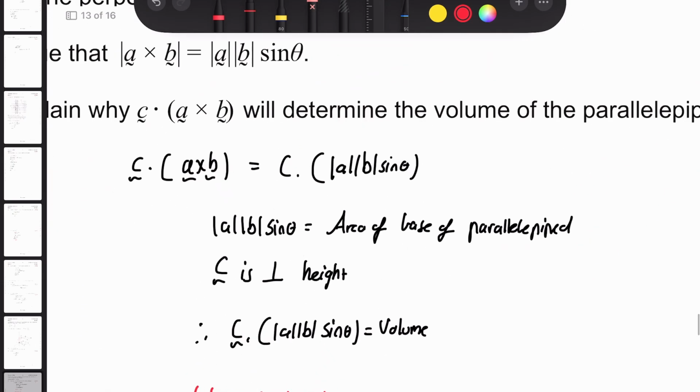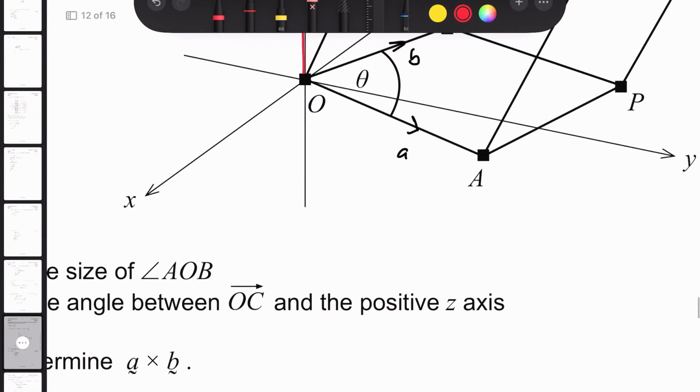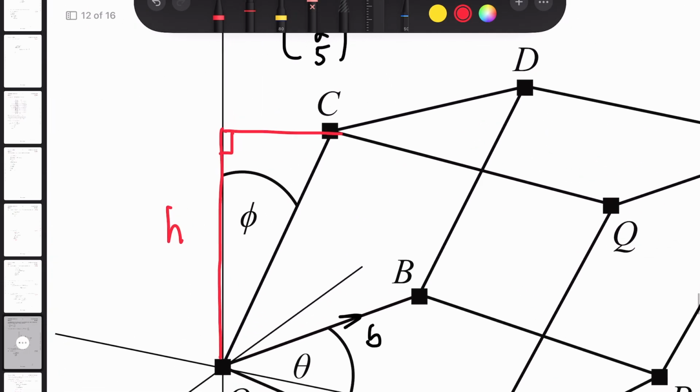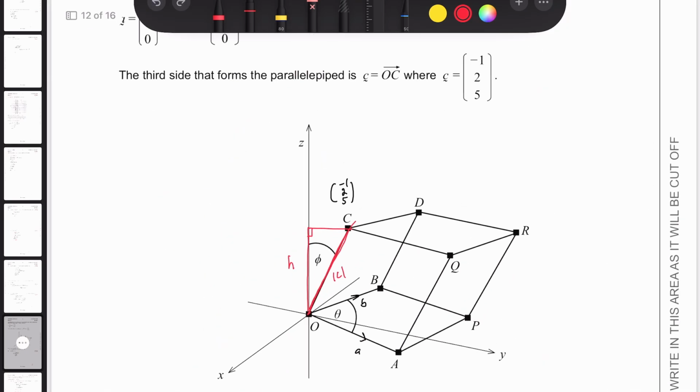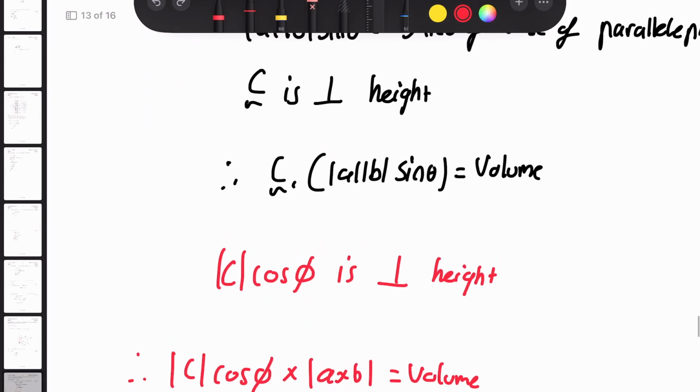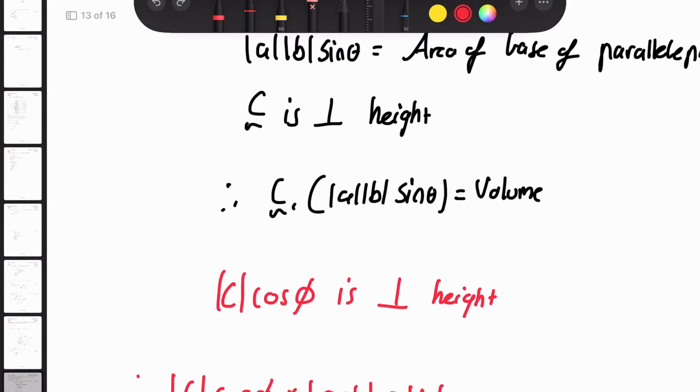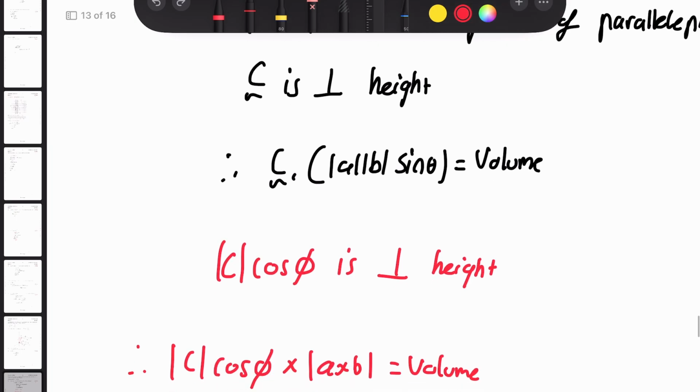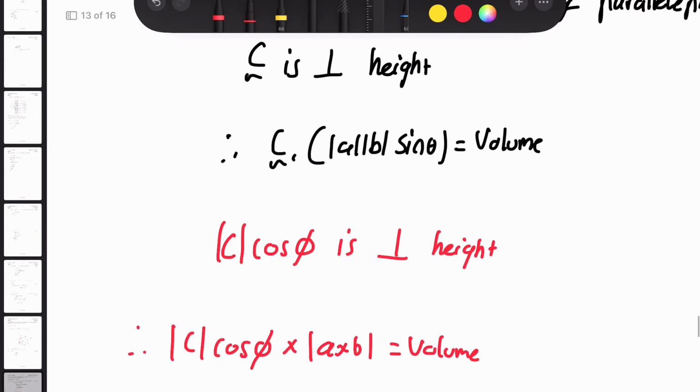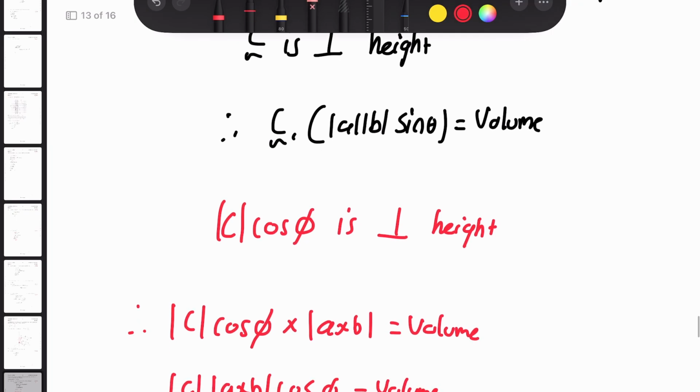To find a perpendicular height, you've probably seen my triangle already, it would be the magnitude of c cosine of phi, which will give you the magnitude of that. So for the volume, you need your perpendicular height times area, which we can rewrite as cosine of that.